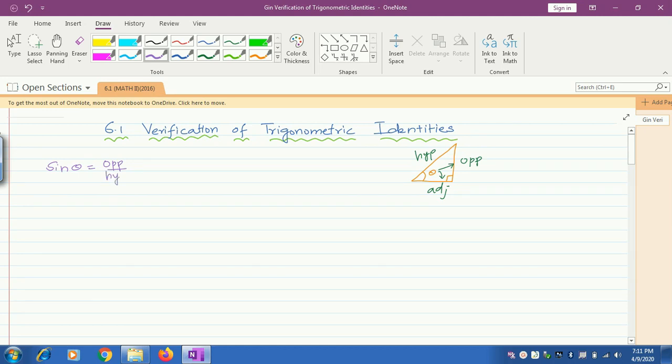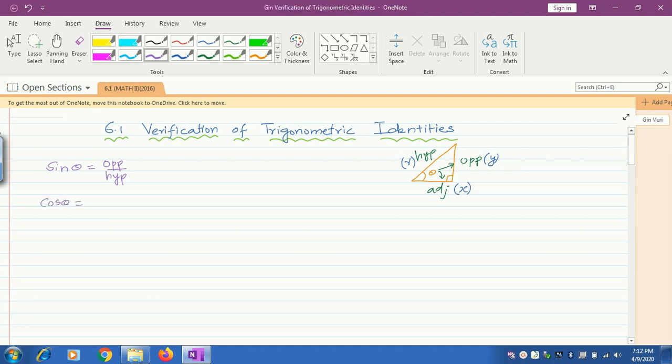Or otherwise, in terms of the values, I can write this as y, this as x, and this is r. So I can write it like this. Now what about the cosine?